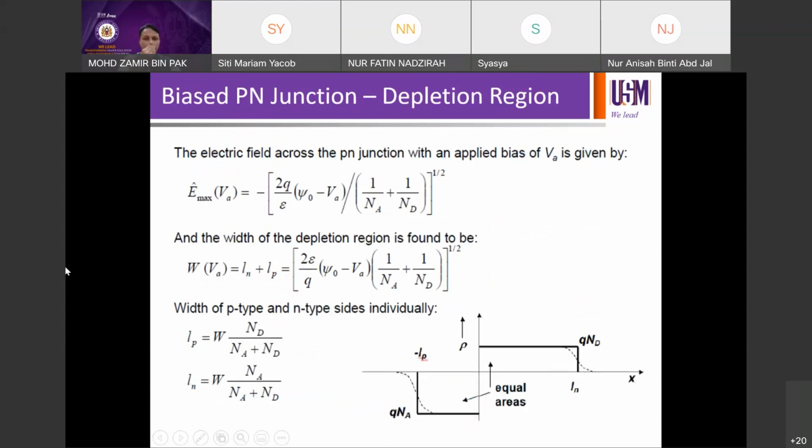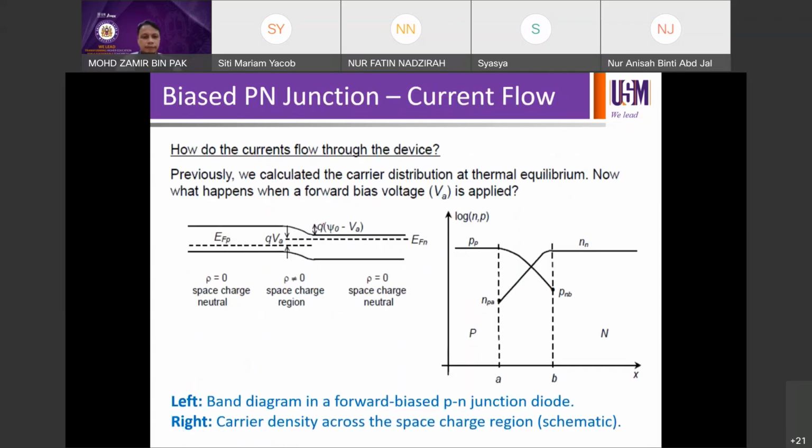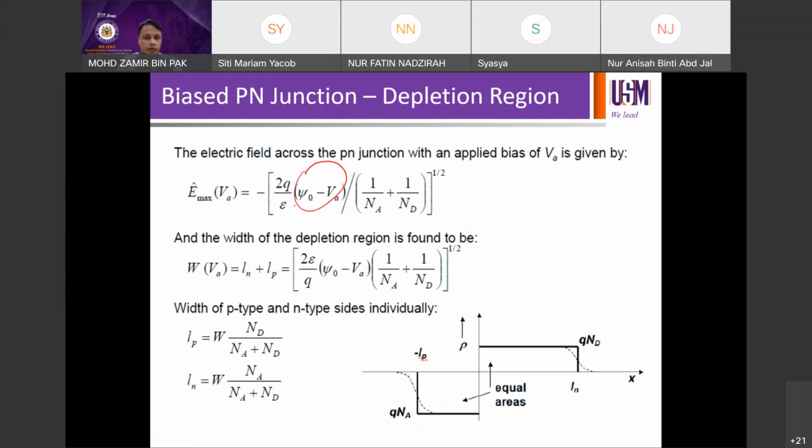The electric field across the PN junction with an applied bias is given by this equation. You can just replace the values that we have in the question. So it's given by 2q over epsilon, the permittivity of the material that we discussed yesterday, times the product of VBI minus VA.